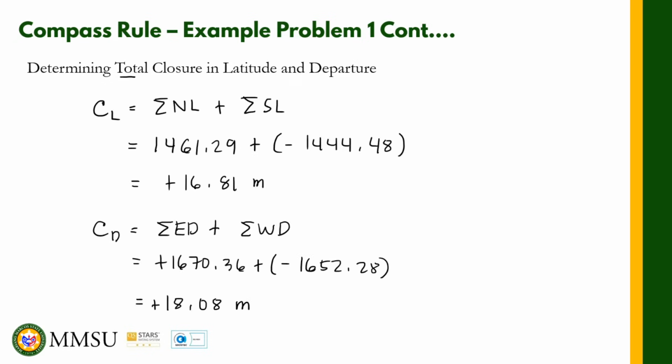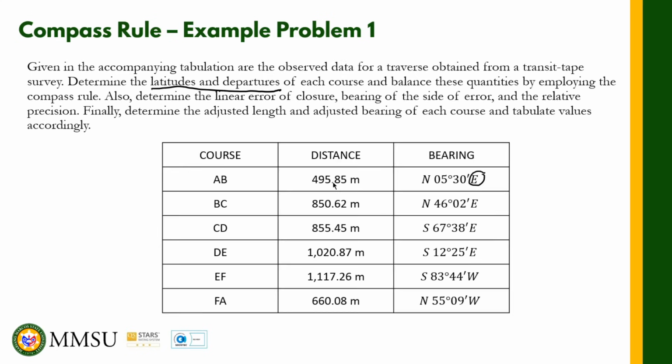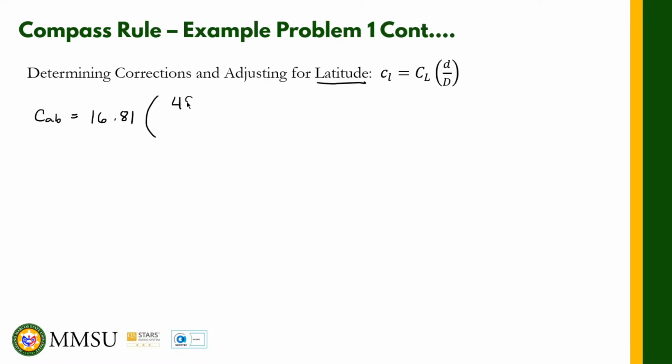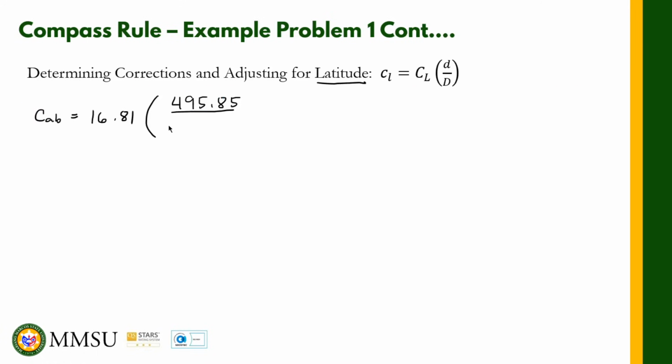It's positive 16.81 meters multiplied by the distance of AB. The distance of AB is 495.85 meters divided by the total distance, yung nandito kanina, 5,000.13.